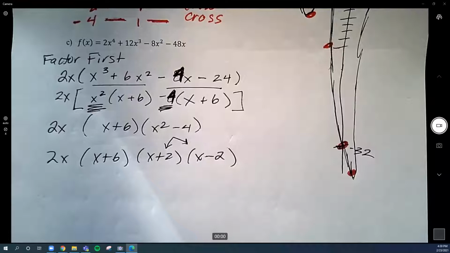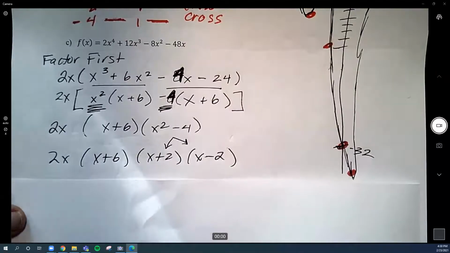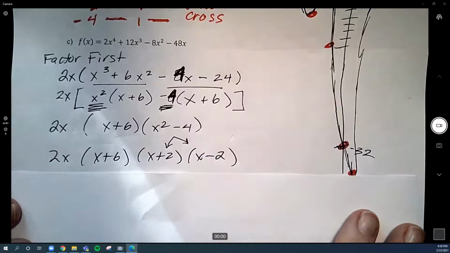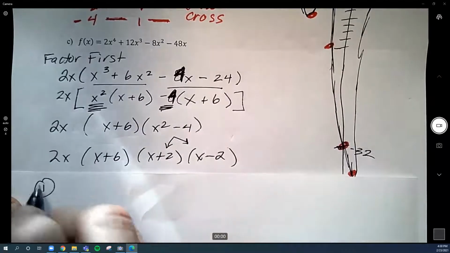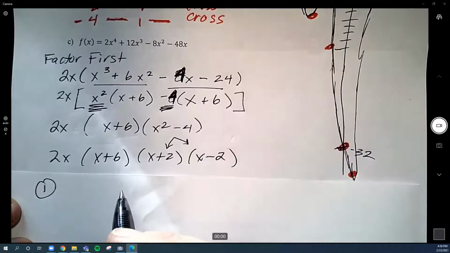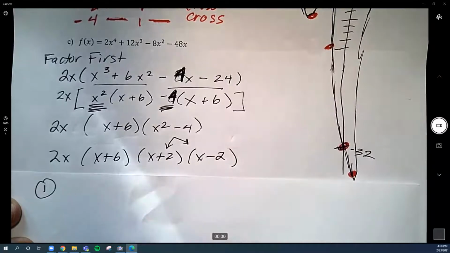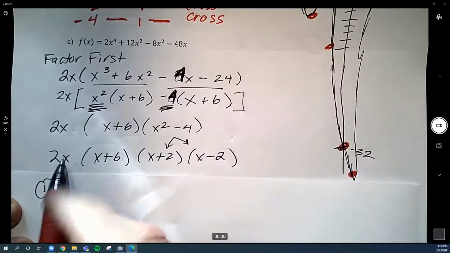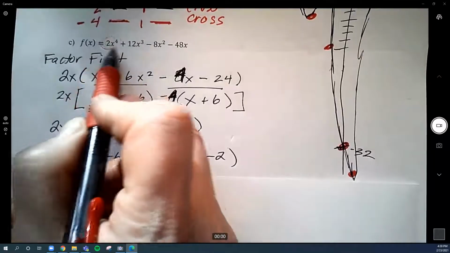Once we have it there, then we are able to complete our 5 steps. So our first step is to, I need an extra piece of paper there. Our first step is to determine the total degree. So in this case, it's actually pretty obvious from the beginning.